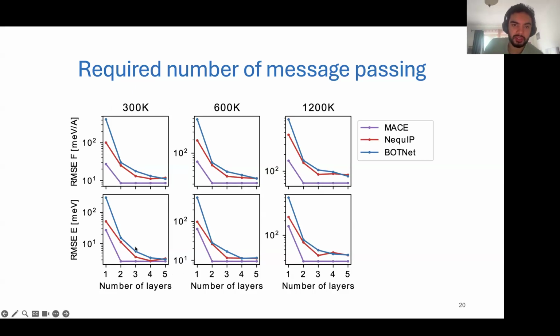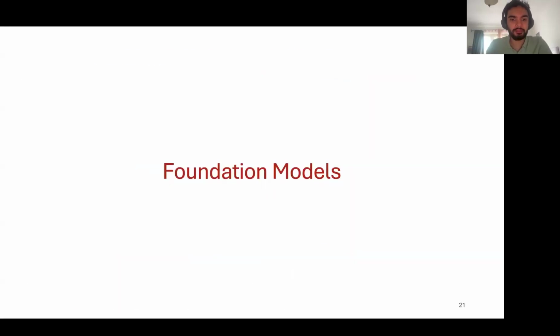So here it's a simple regression chain on a small molecule, and here you have the RMSE on the forces and energies, and you see that MACE can basically get saturated accuracy on just 2 layers, while the non-many-body equivalent message passing networks need to stack layers. But obviously, at 5 layers, you have a receptive field that is much larger than the size of the molecule. So really, it's not about seeing further. It's just about increasing the body order.